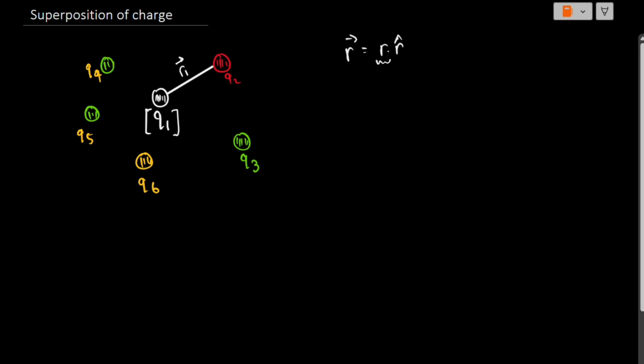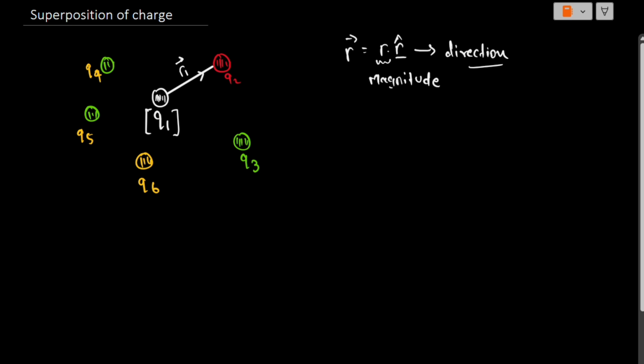R will tell you the magnitude, so how much the distance actually is, and the R cap tells the direction of the distance, meaning in which direction the Q2 charge is placed from the Q1 charge. So basically it's R1 vector from this side.